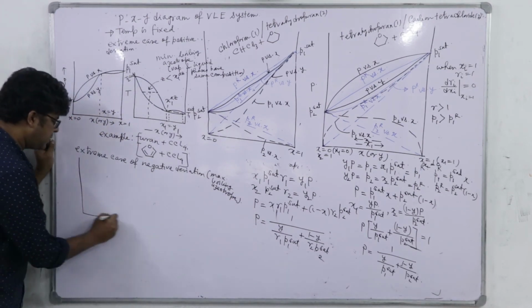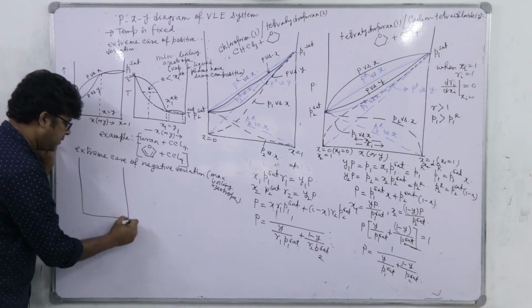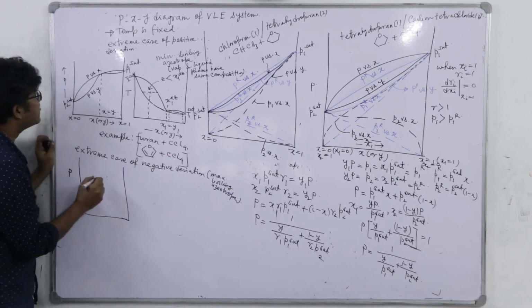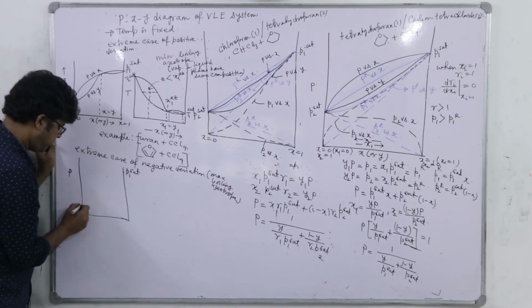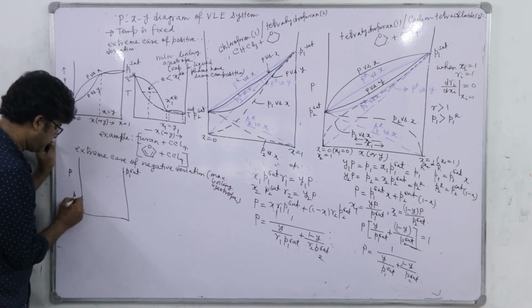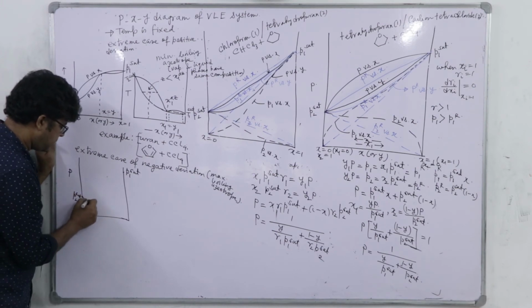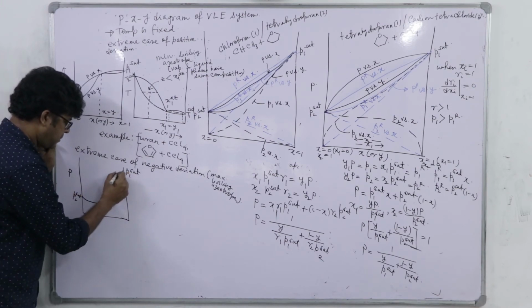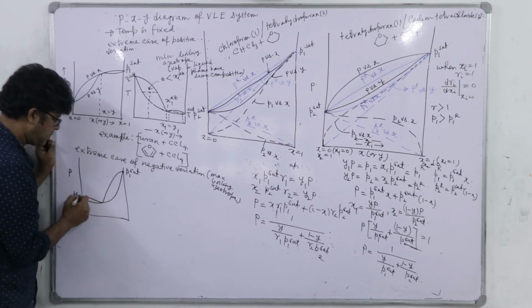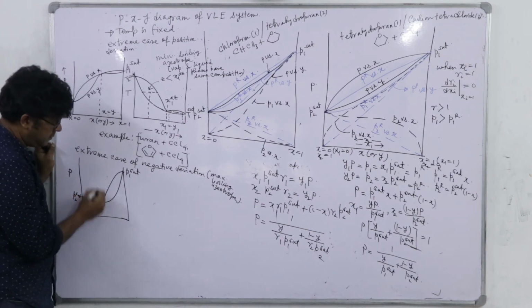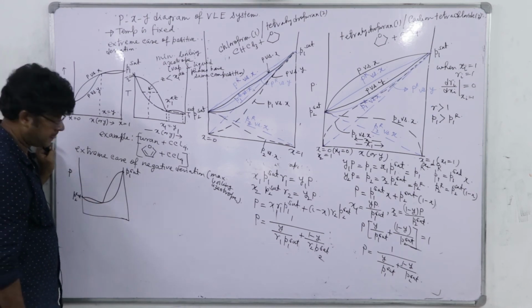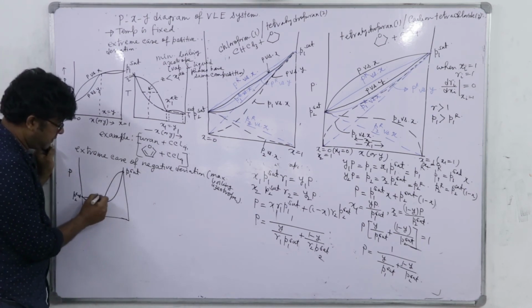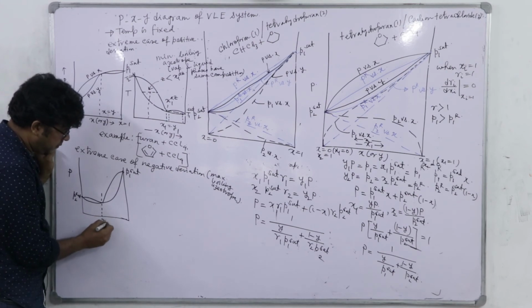So what will be that? Again, this is the PXY plot. I will have here P1 sat, here it is P2 sat. So this is the extreme case of this negative deviation, and this is the azeotropic composition.